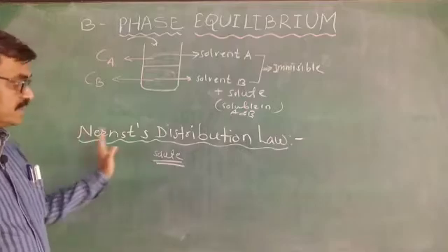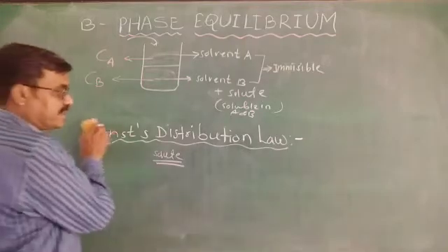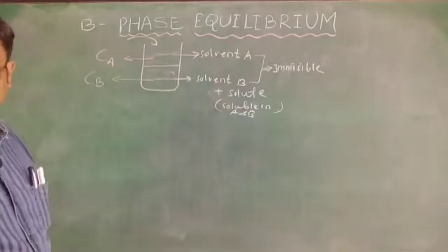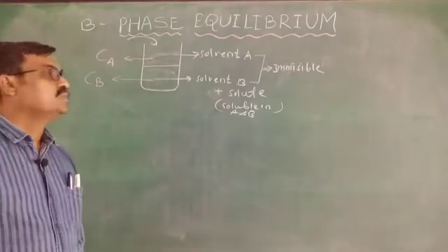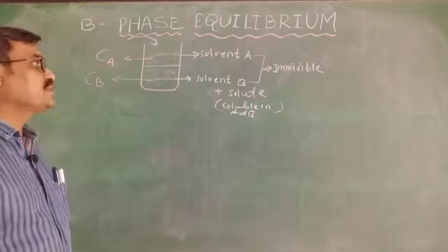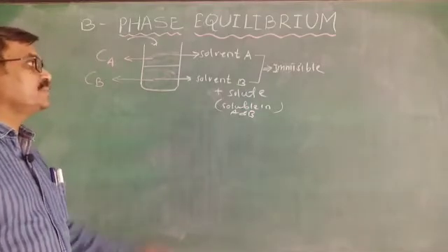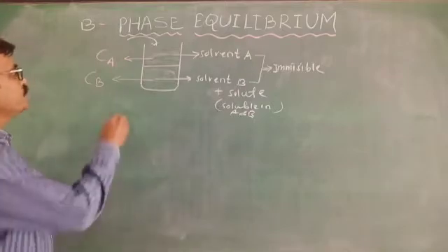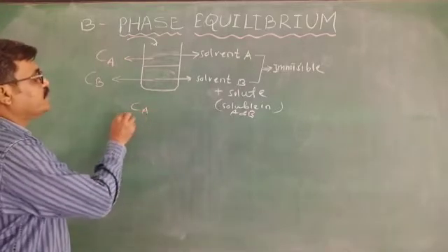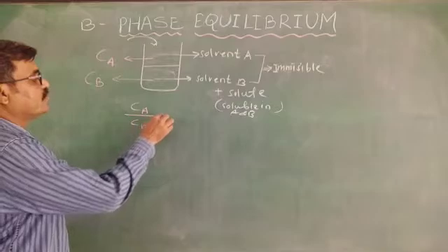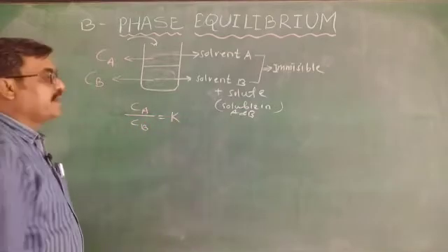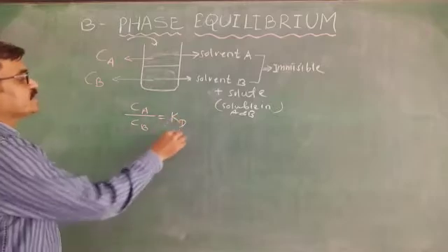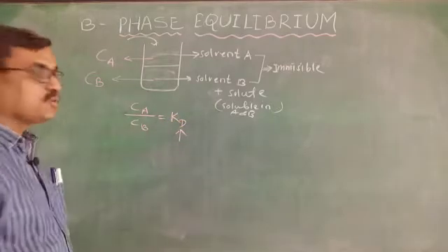Then the Nernst distribution law comes in. Nernst stated that when such a solute, which is soluble, partitions or distributes into two immiscible solvents, then the ratio of concentration of that solute in both solvents is constant, and this constant Kd is called the partition coefficient.